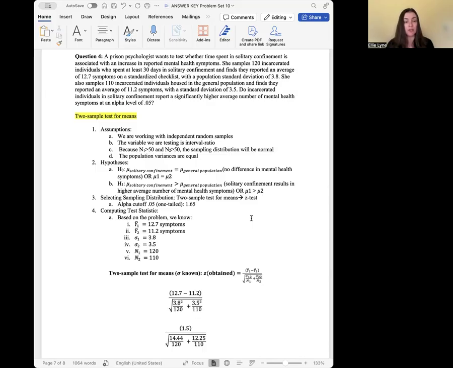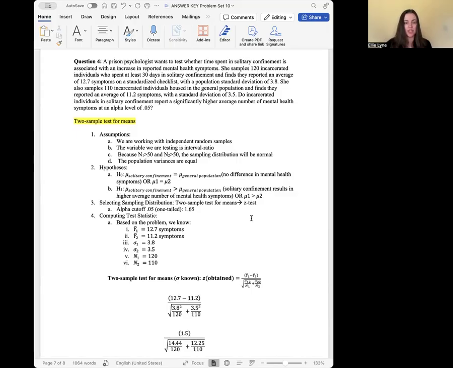She also samples 110 incarcerated individuals housed in the general population and finds that they reported an average of 11.2 symptoms with a standard deviation of 3.5. Do incarcerated individuals in solitary confinement report a significantly higher average number of mental health symptoms at an alpha level of 0.05? Again, following our five-step model here below.